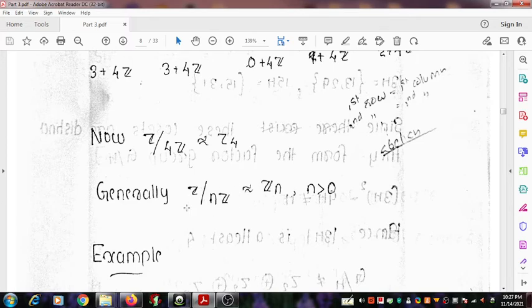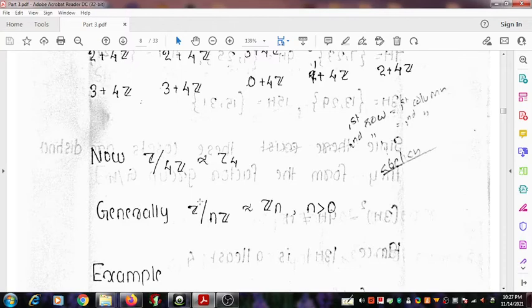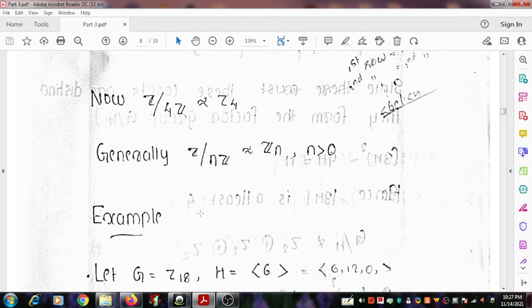Z bar NZ can behave exactly like the group Zn, and that means they are isomorphic. There is no distinction between these two groups; this group behaves like the group Zn, and the group Zn acts like the group Z bar NZ.